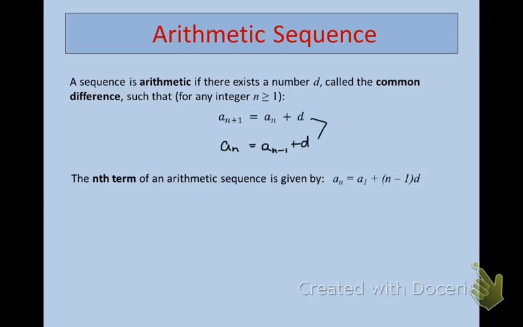These mean exactly the same thing. This one, in my opinion, is a little bit better, because if I ask you to find a formula for the nth term, technically this is the nth term and this one is not. That's for the n plus 1th term. So watch out for that.